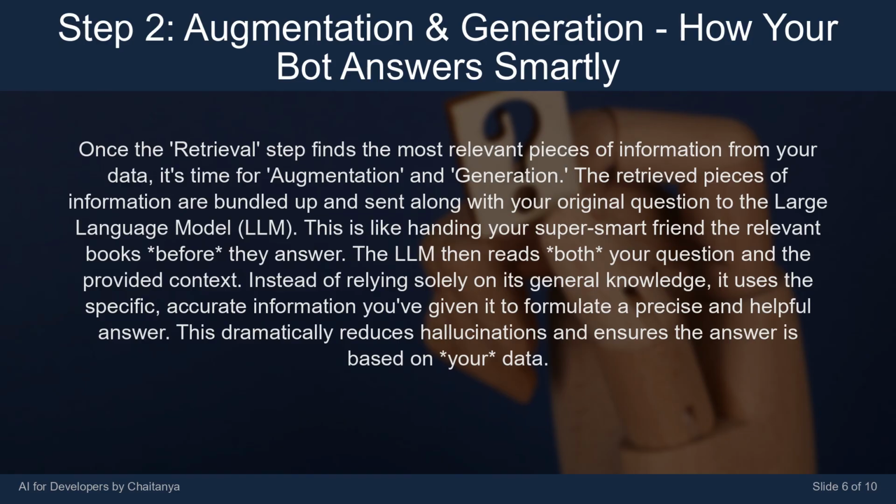The LLM then reads both your question and the provided context. Instead of relying solely on its general knowledge, it uses the specific, accurate information you've given it to formulate a precise and helpful answer. This dramatically reduces hallucinations and ensures the answer is based on your data.